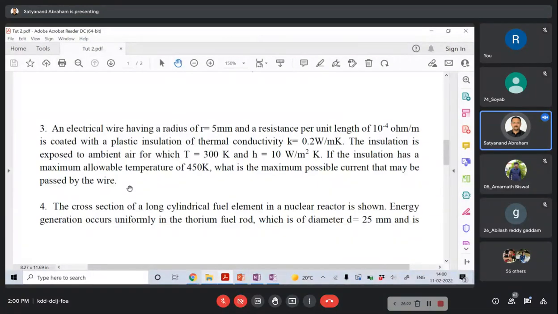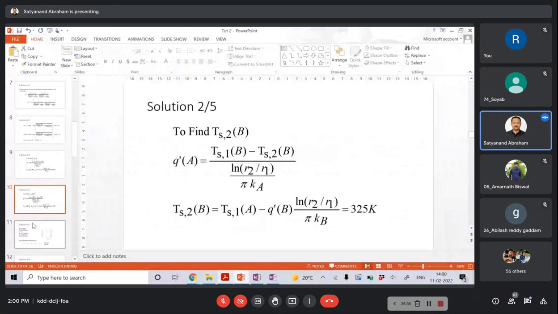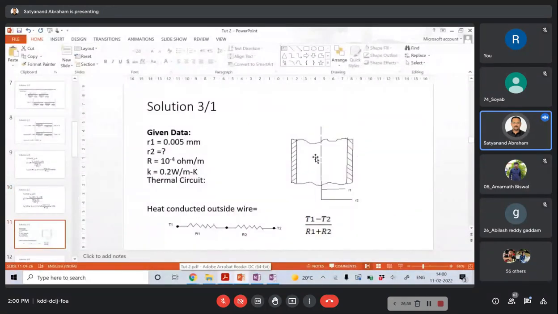So an electrical wire is there. Its diameter is given. The copper wire diameter is given. Its resistance is given, and it is said that it has a plastic coating. So this inner one, the clear one, is the wire, and it has a plastic coating.